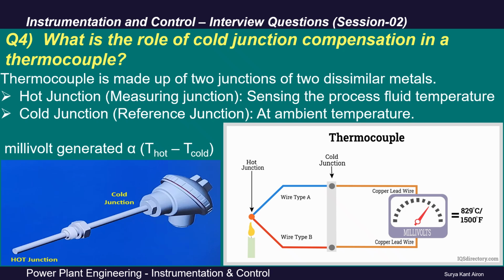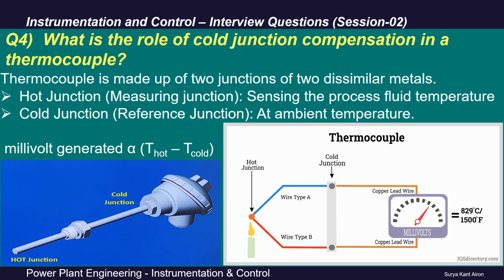We have two dissimilar metals connected at two junctions. One junction is in contact with the process fluid, not directly but through the thermowell. This hot junction is measuring the process fluid temperature. The second junction is in an open environment, so it gives the ambient temperature.